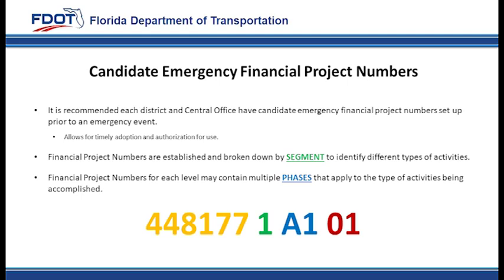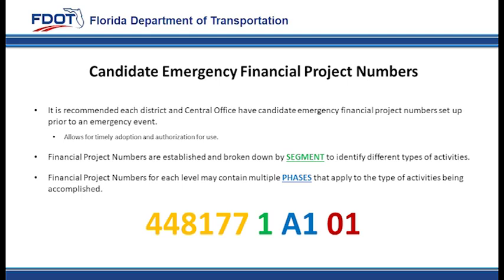Prior to an event occurring, it is recommended that each district and central office set up candidate emergency financial project numbers. This will reduce the preparation time needed to program, adopt, and authorize these projects once an event occurs. These items specifically are established and distinguished by segment to identify different types of activities pertaining to the event.